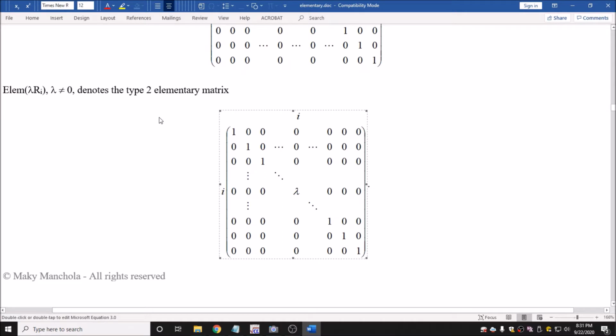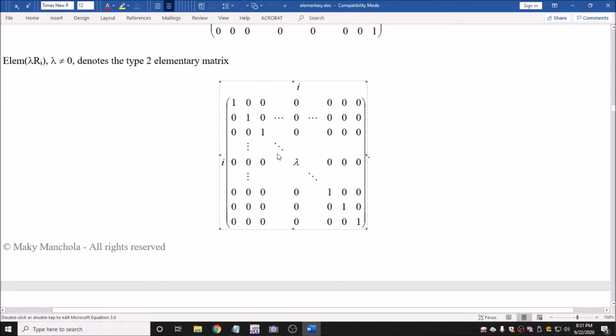We denote the type 2 elementary matrix where we apply a type 2 elementary row operation to I, specifically multiply the ith row of I by lambda not equal to 0.